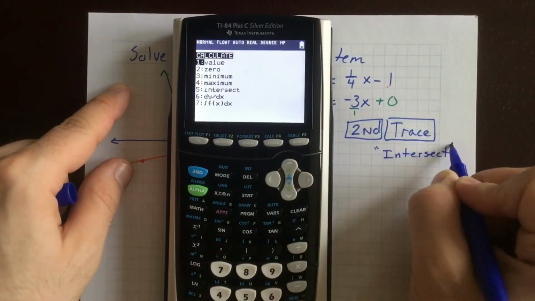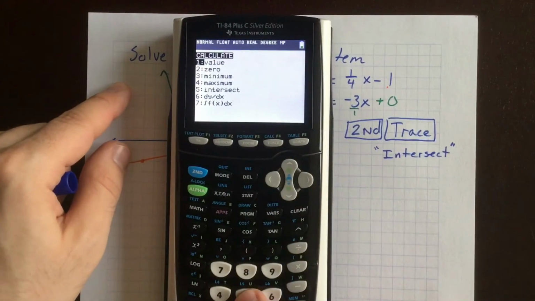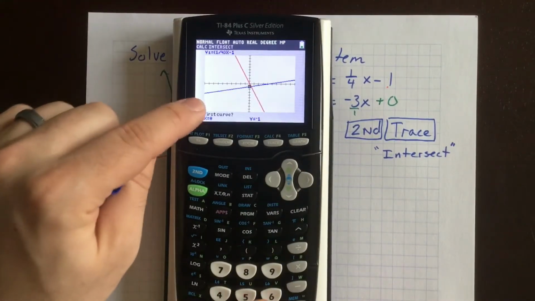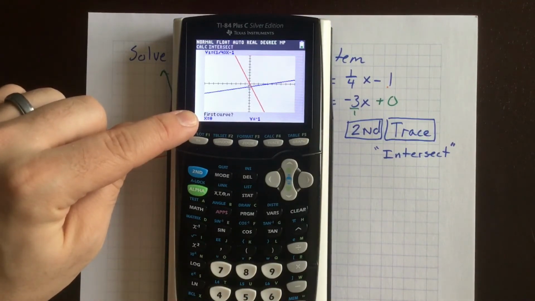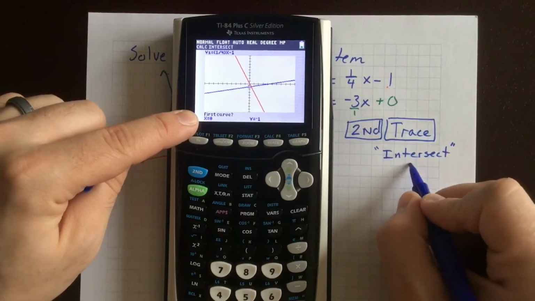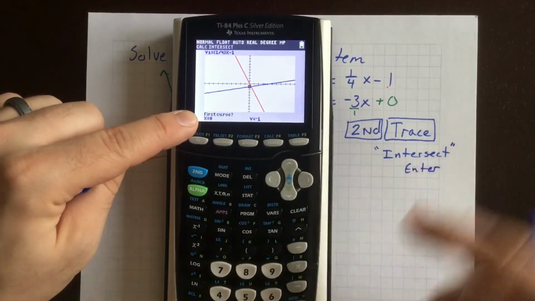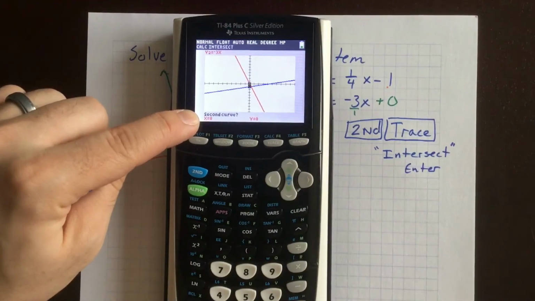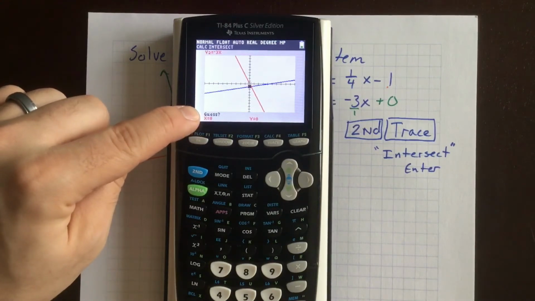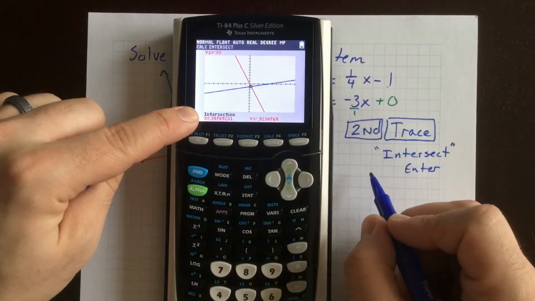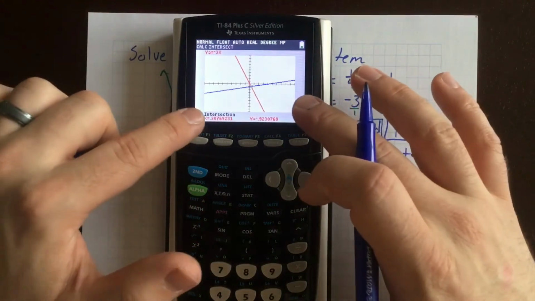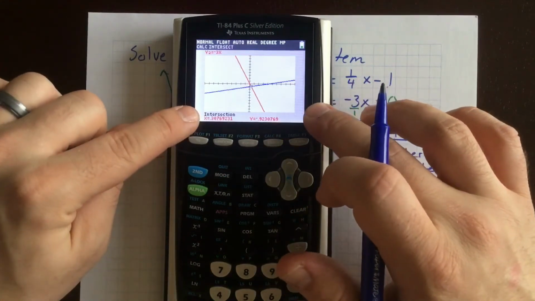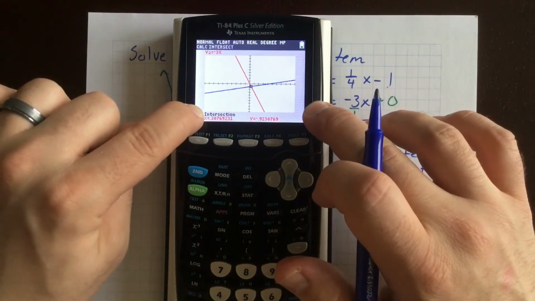That's going to be option 5, so I can just hit 5, and it's going to show up at the bottom, first curve. So I hit enter. I see first curve, enter. Second curve, enter. Guess, enter. This is very important. I will not have my answer until I see intersection at the bottom.